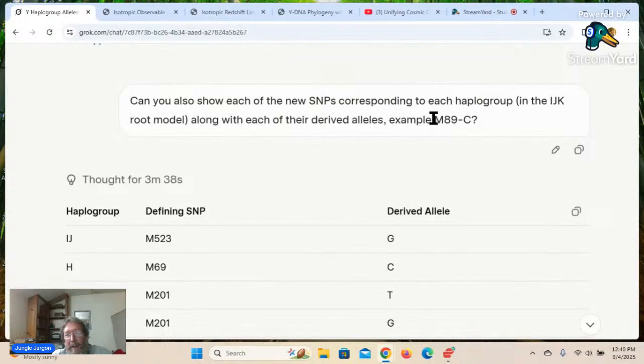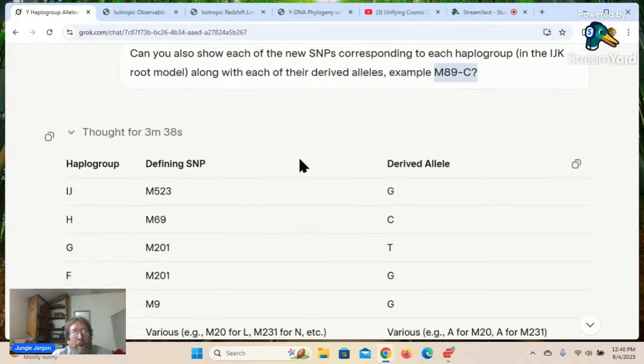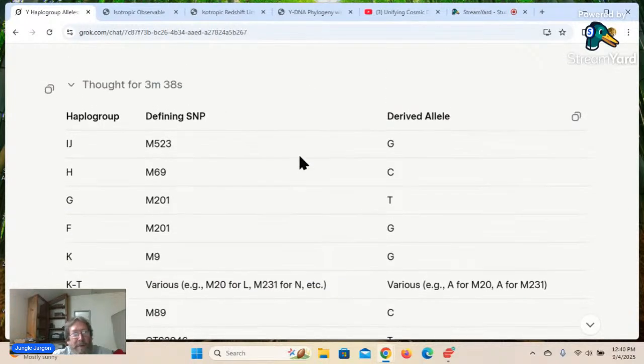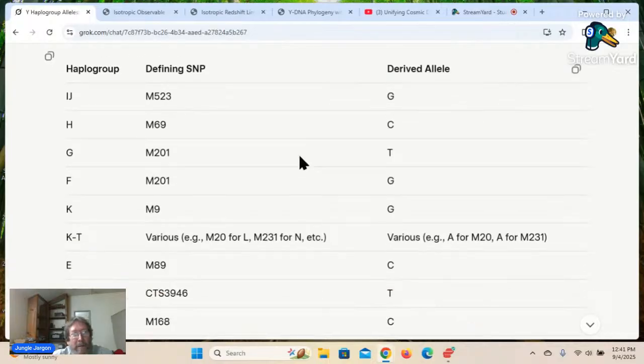Example, M89 C. So it thought for 3, 3.5 minutes, and it got it.